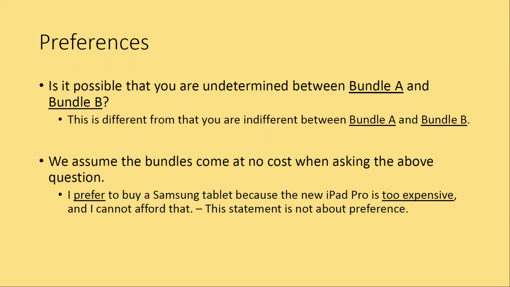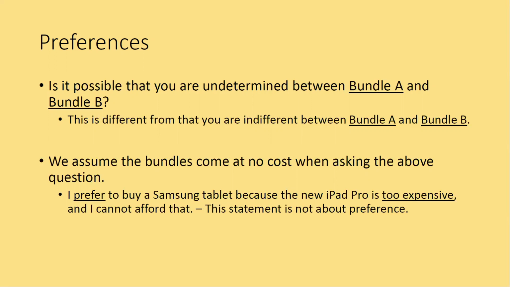And also we want to note that we are making the above arguments assuming that those bundles do not cost you anything. So for example, if someone says, I prefer to buy a Samsung tablet because the new iPad Pro is too expensive and I cannot afford that, this statement is not about preference.